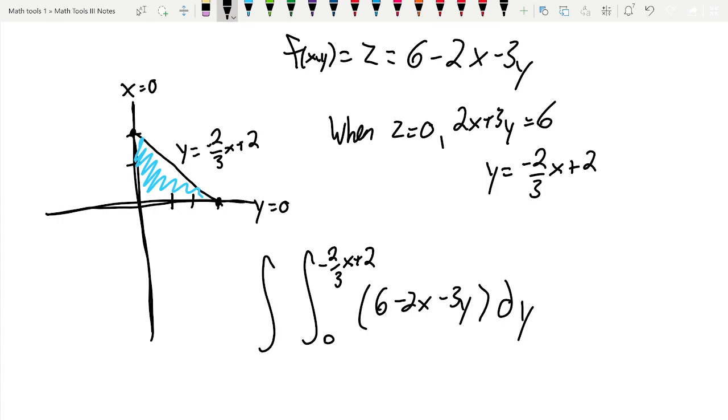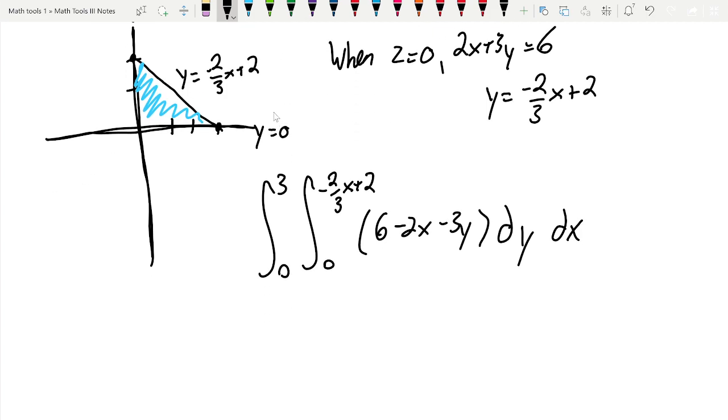And then for x, we do need to actually figure that out. We're going from 0 to 3, which we can see easily enough from the graph here, but you might need to do some algebra to find that point. That's just going to be where negative 2/3 x plus 2 crosses the x-axis, so you would just set it equal to 0 and solve for it.